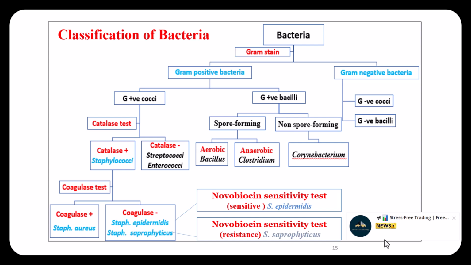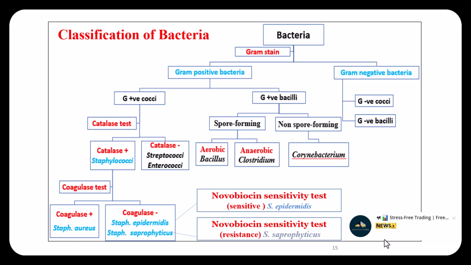If the catalase is positive, we can differentiate between Staphylococcus species using the coagulase test, because Staph aureus has coagulase enzyme and is coagulase positive, which is indicated by the clot formation, while other Staphylococci, such as epidermidis and saprophyticus, don't have the coagulase enzyme.